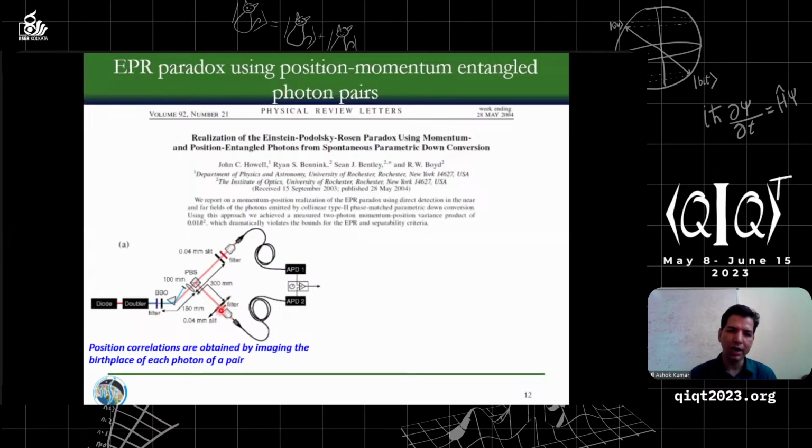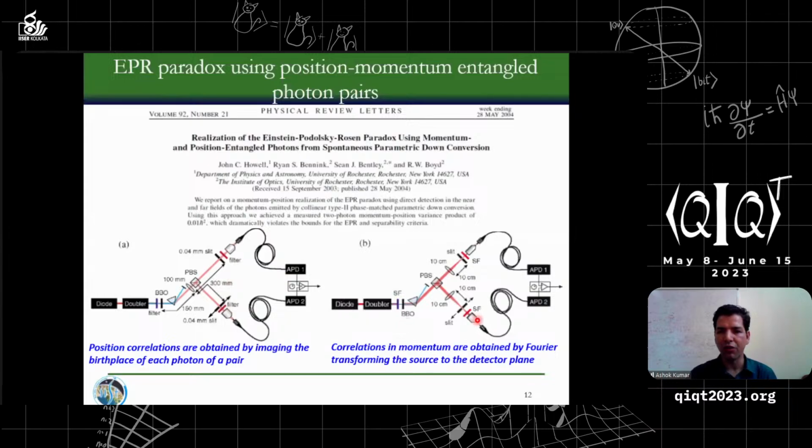Basically, they fix one detector and scan the other detector and look at the correlation between the arrival of the photons over position. For the far-field correlation, they developed a far-field system, basically a Fourier lens, which Fourier transformed the BBO crystal to their detection plane.